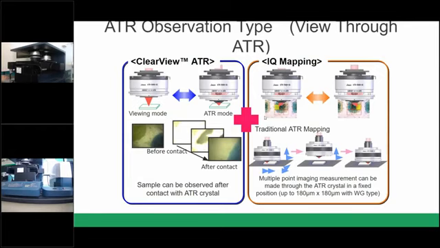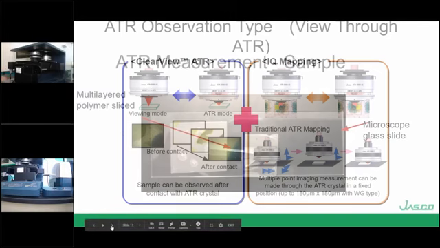The traditional way that is done is that the ATR objective is in contact with the sample. If you want to measure another location, it needs to be raised and then change the place and do the measurement. I'm going to show how we can do this measurement without raising the ATR objective.